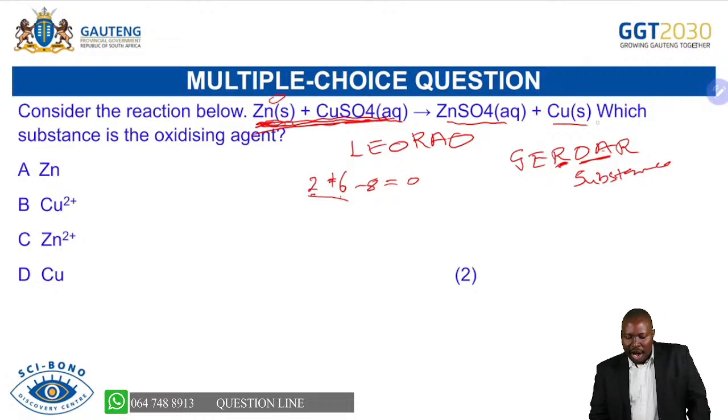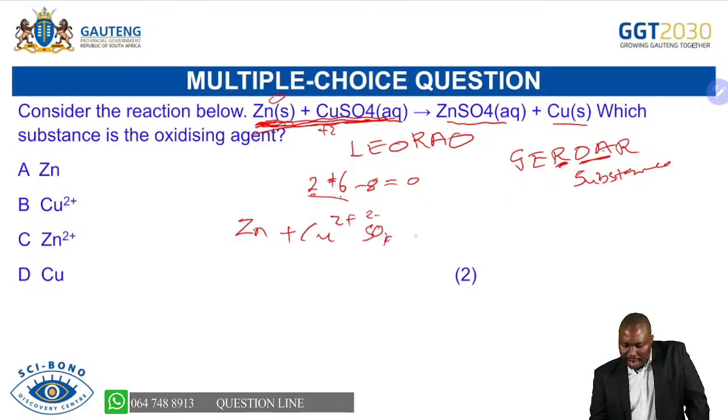So in this case, we have zinc here, that is 0. We have copper here that is +2, so we have Cu2+. In this reaction, we have zinc plus Cu2+ and a sulfate solution, which we already talked about, is SO4 2-. Now that gives us zinc sulfate. Same here, it's giving us Zn2+.